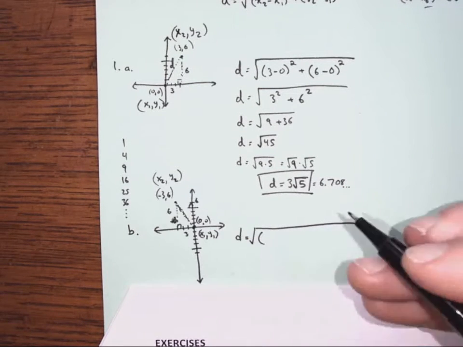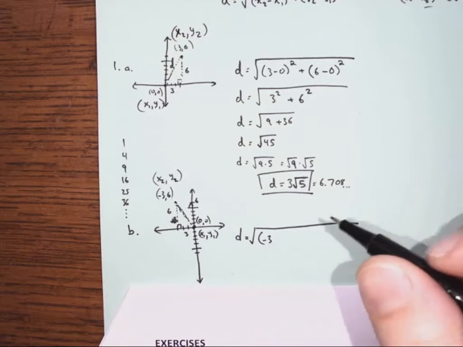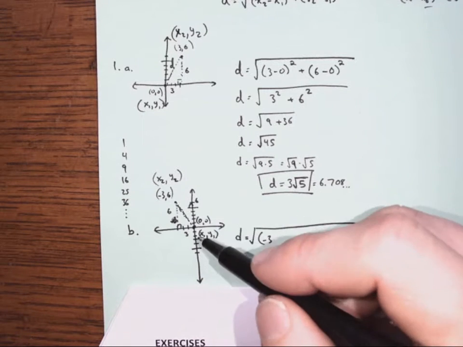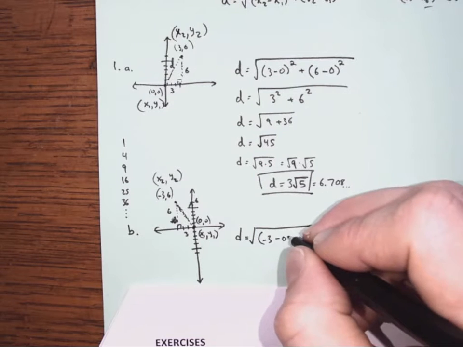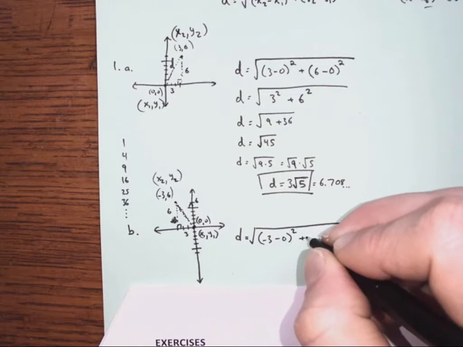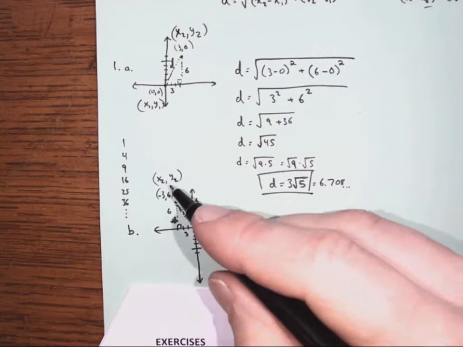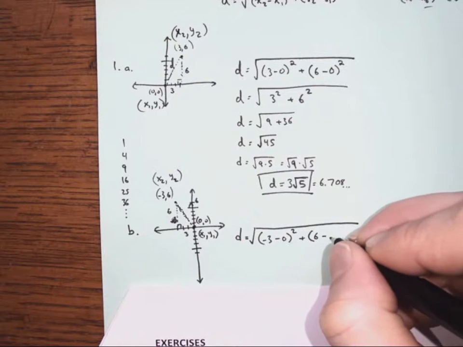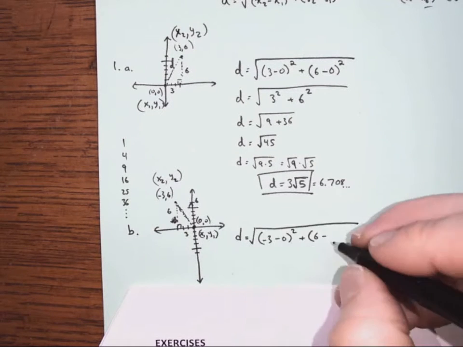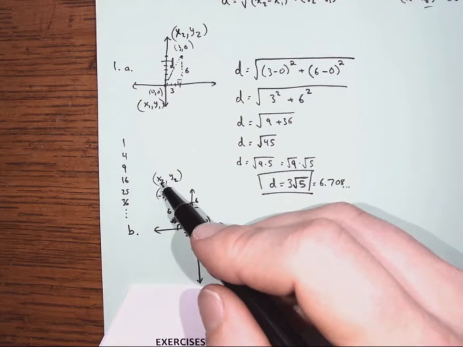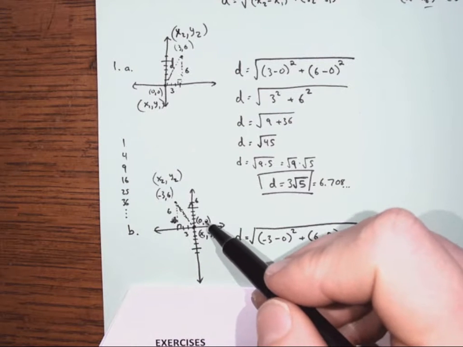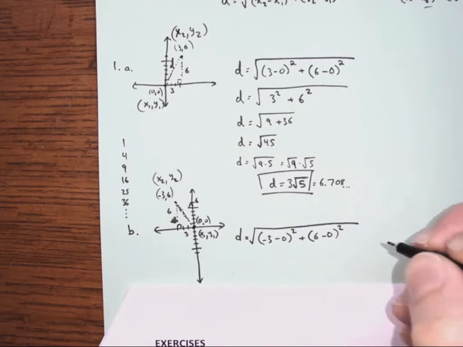My x2 is now negative 3. My x1 is still 0, so I'm going to take away 0. I'm going to square it. And I'm going to take away my y2, which is 6, take away y1 of 0. I encourage you to label your x2s, y2s, x1s, and y1s between your points.